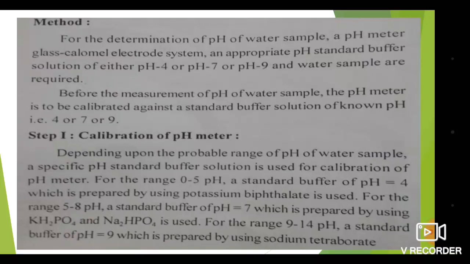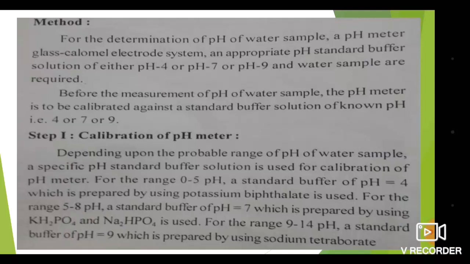For the range of 5 to 8 pH, standard buffer solution pH 7 is used, which is prepared by using potassium hydrogen phosphate and sodium hydrogen phosphate. For the range of 9 to 14 pH, a standard buffer solution pH 9 is used, which is prepared by using sodium tetraborate.